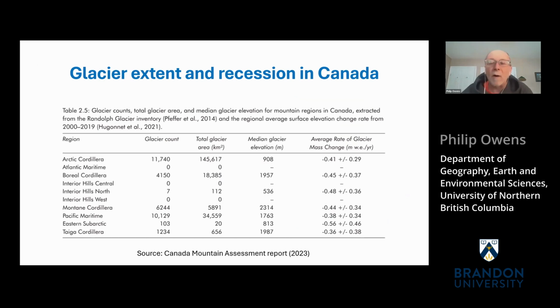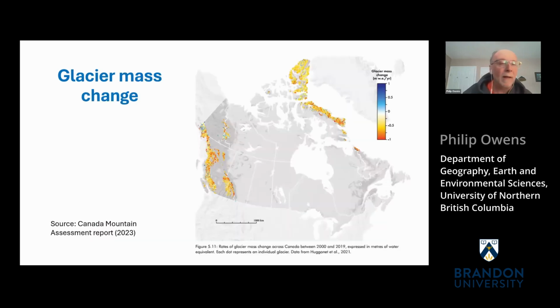And if we look at the very far right of this table, again we are seeing that in Canada we're seeing really significant mass changes, in this case expressed in meters of water equivalent depth per year. So a negative value suggests, well, it's showing, not suggesting, it's showing that glaciers are retreating throughout the whole of Canada.